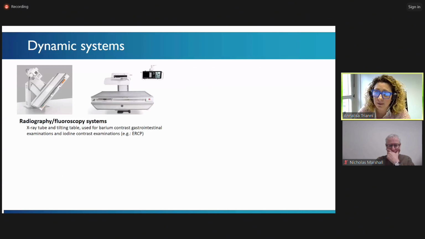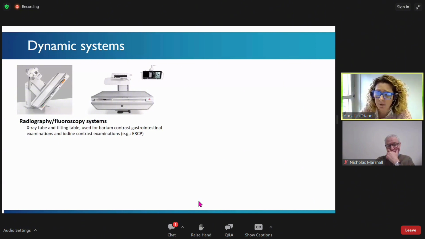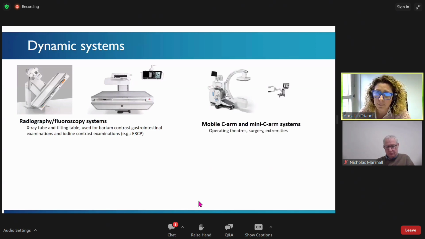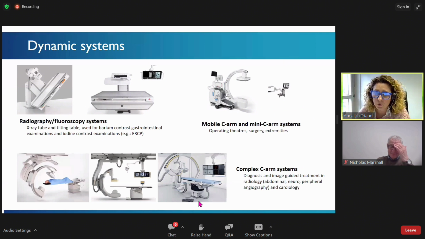For that reason, the dynamic systems include a variety of different types of equipment with different clinical uses, from fluoroscopy systems used, as you can see here, for the visualization of organs and anatomical structures, like, for example, gastrointestinal procedures, to mobile C-arms and very mini C-arms used in the operating theater for orthopedic surgery, up to very complex systems used for diagnosis and treatment of peripheral, neuro and cardiac anatomies.